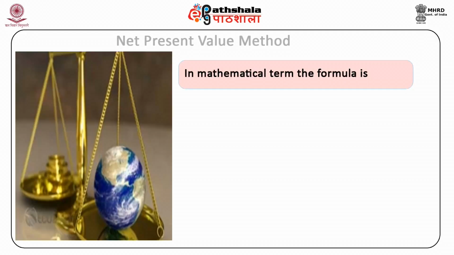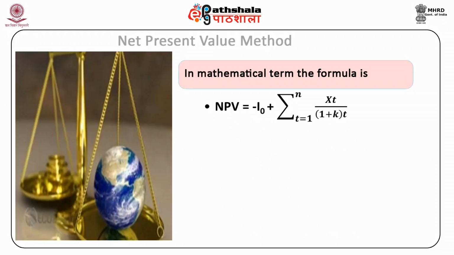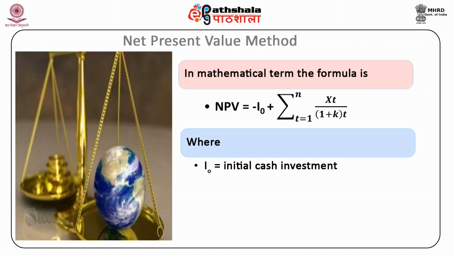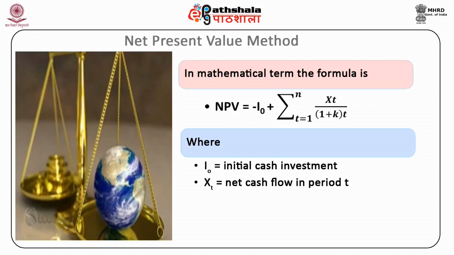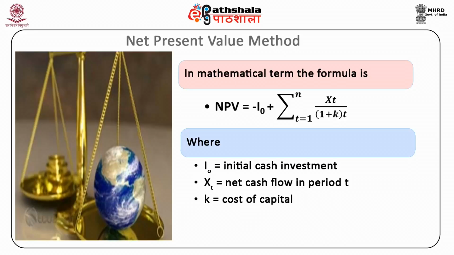In mathematical terms, the formula is NPV equals minus I0 plus the summation of xt divided by (1 plus k) raised to the power t, where t ranges from 1 to n, where I0 is the initial cash investment, xt is the net cash flow in period t, k stands for cost of capital, and n is the investment horizon.